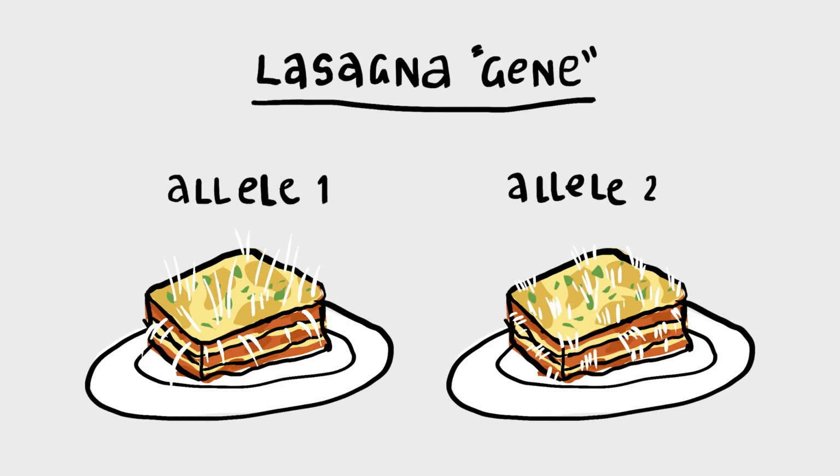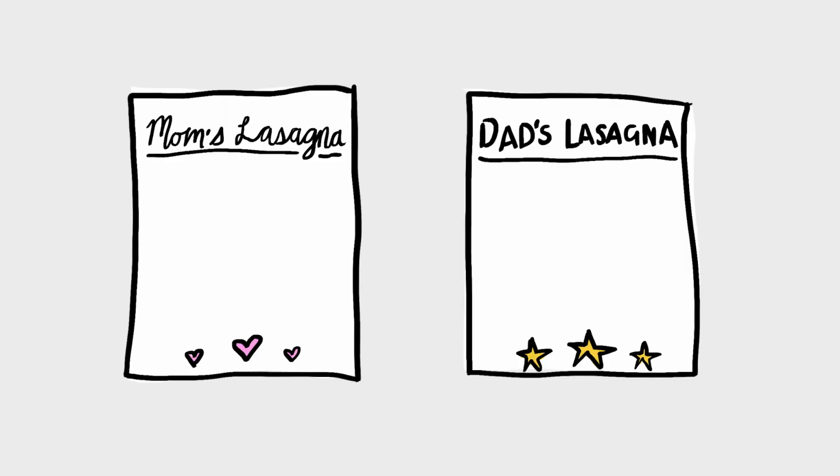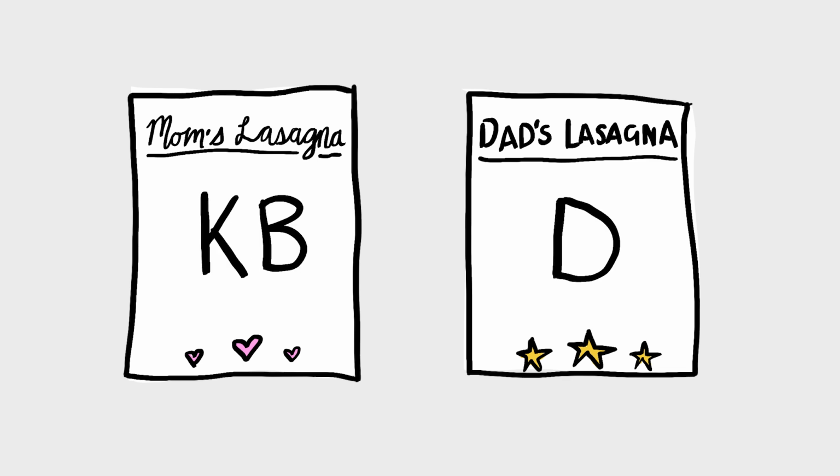They are different alleles for the same gene, which in the case of my silly example is hair length. Alleles always come in pairs, one inherited from the mom and one inherited from the dad. And we represent these by using letters like B, D, KB, AY. You'll notice that some of these are uppercase and others are lowercase, and I'll explain that in a sec.